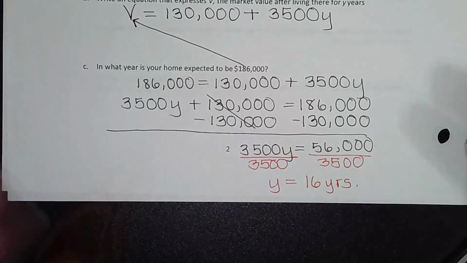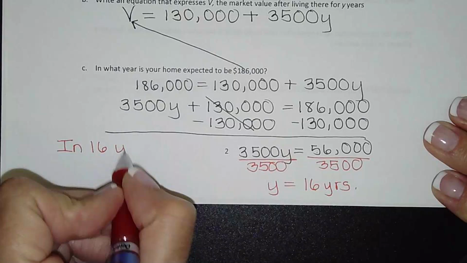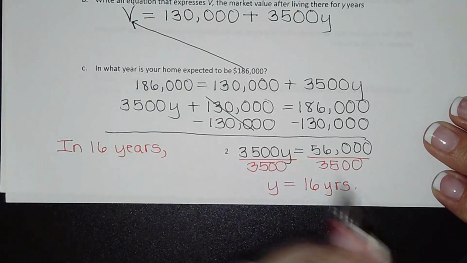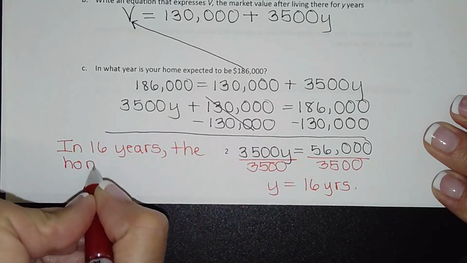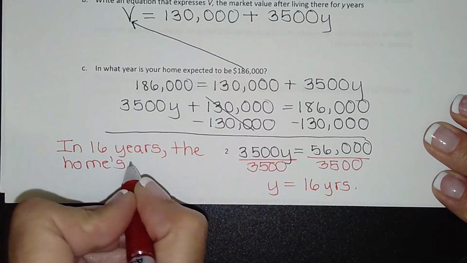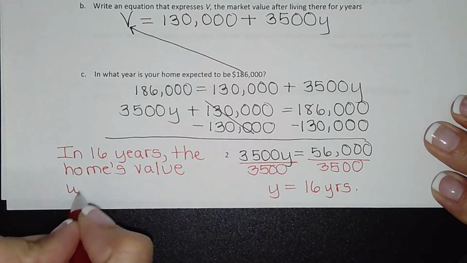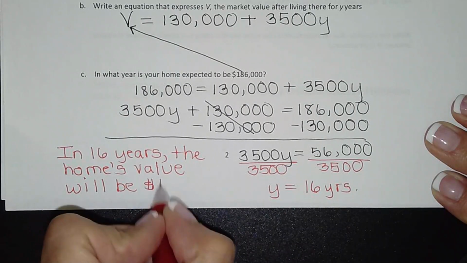And we might as well write it since they had us do it for other ones. So in 16 years, prepositional phrase, put your comma, the home's value will be $186,000.